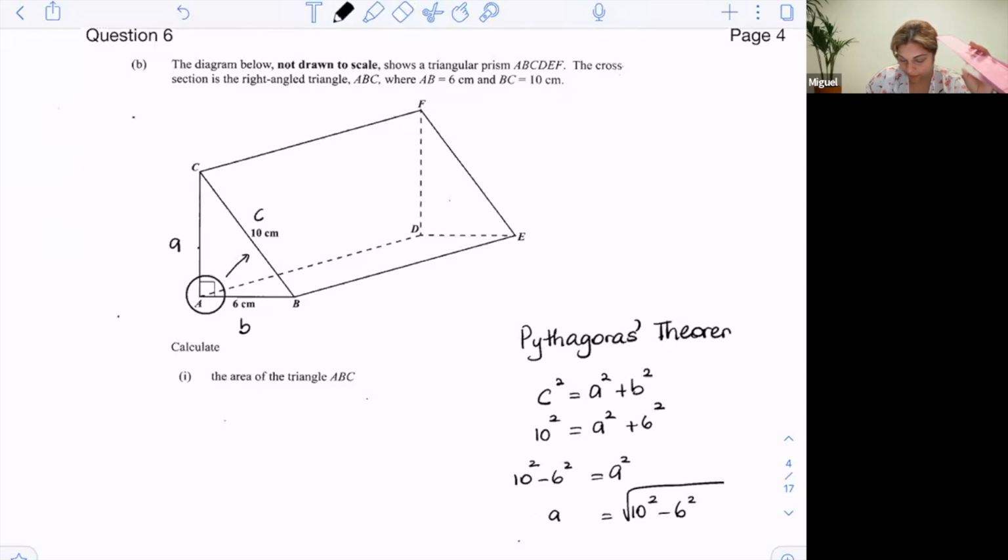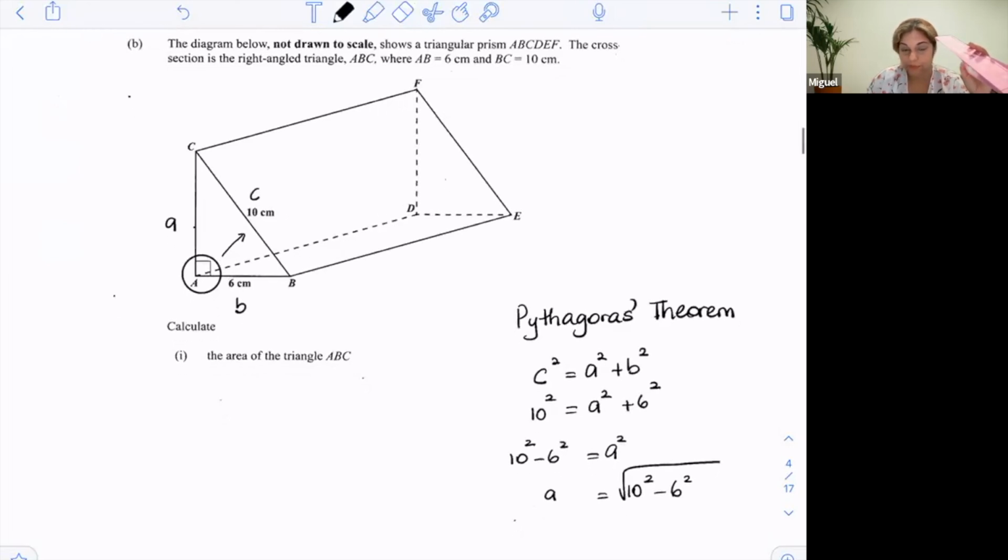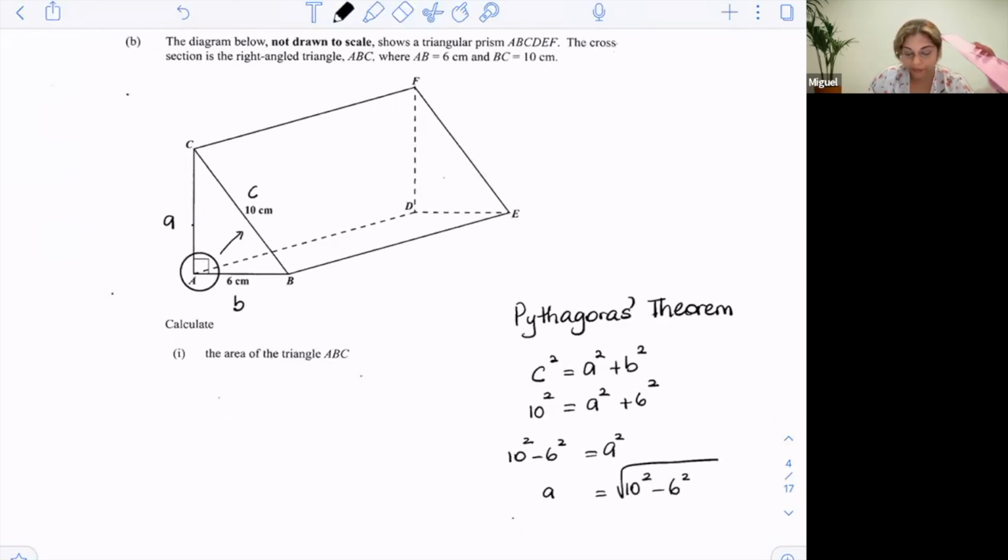All right, so take it on and work out the value of A. When you find the value of A, work out the area.